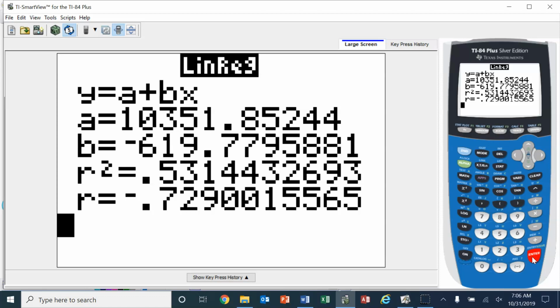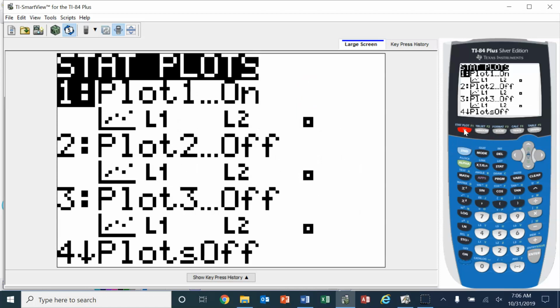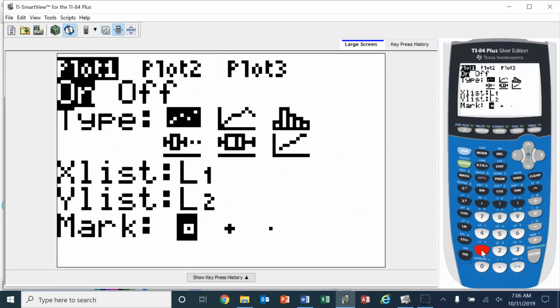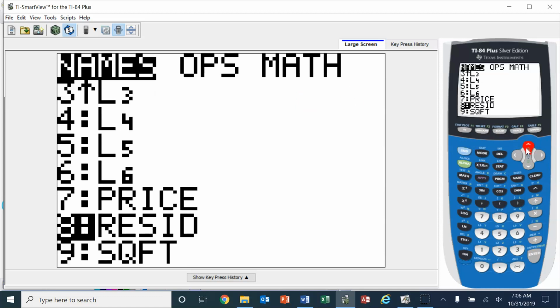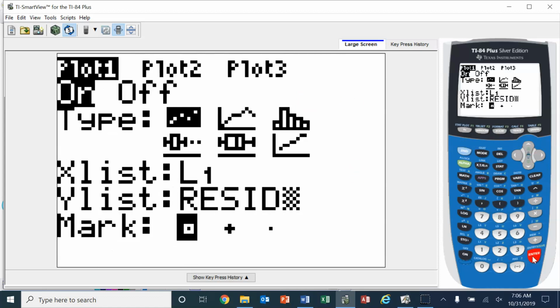We do not need to dump the residuals in list 3. You can if you want. But what I'm going to do is go up here, go down to my Y list, and once I'm on L2, I'm going to hit second stat, which is your list, and just put the word resid in there. You do not have to dump the residuals in list 3 to do this.